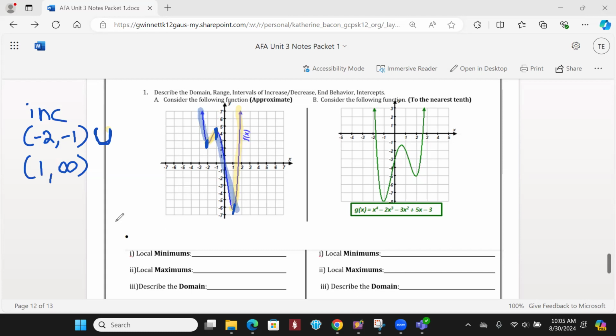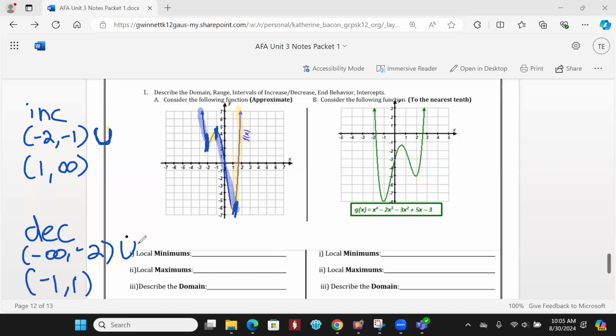All right, if we were trying to do decrease, again, we're going to go left to right. So what's the farthest left X value here? -infinity. So when does it stop? -2. And then we have another one from -1 to 1.